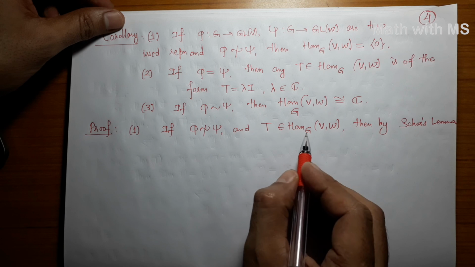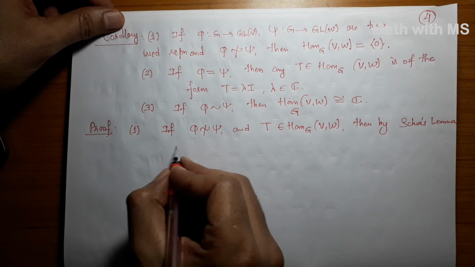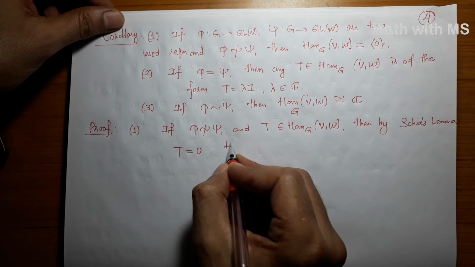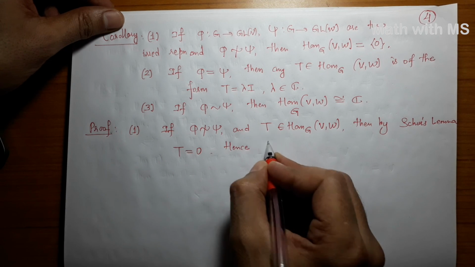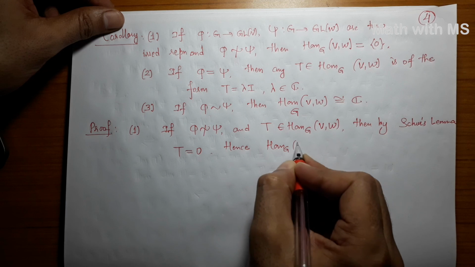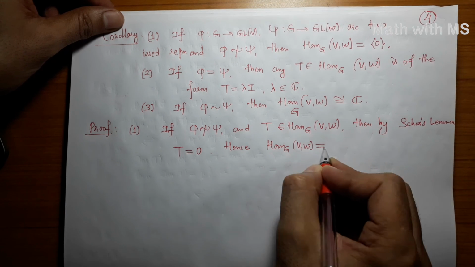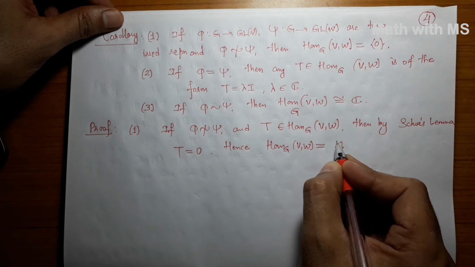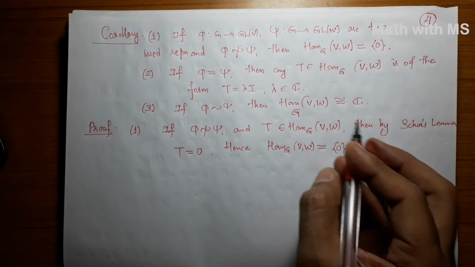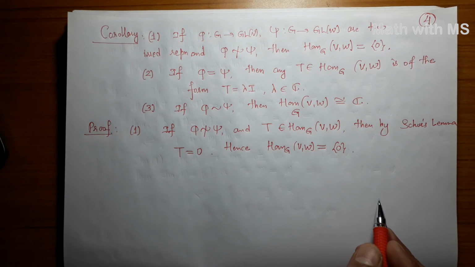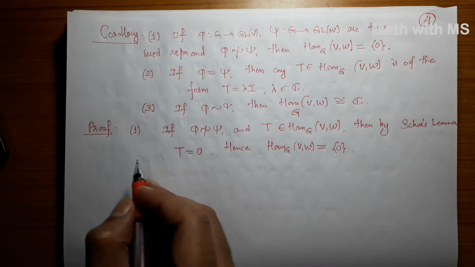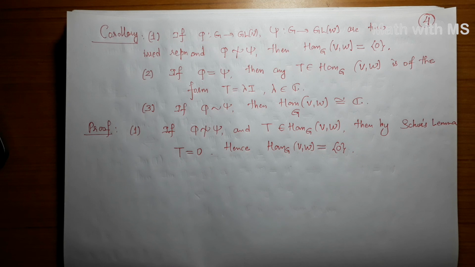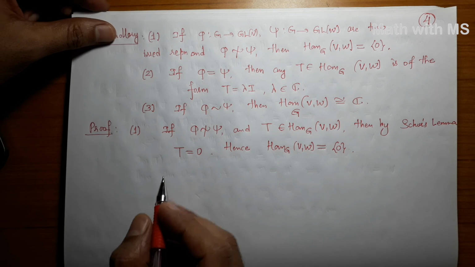But if T is invertible, the representations are equivalent. So by Schur's lemma, T should be 0. Hence the assertion that Hom_G(V,W) of two inequivalent representations is just the trivial space. Of course, we are assuming the representations are irreducible. So you cannot have any non-trivial morphism between two inequivalent representations of a group.